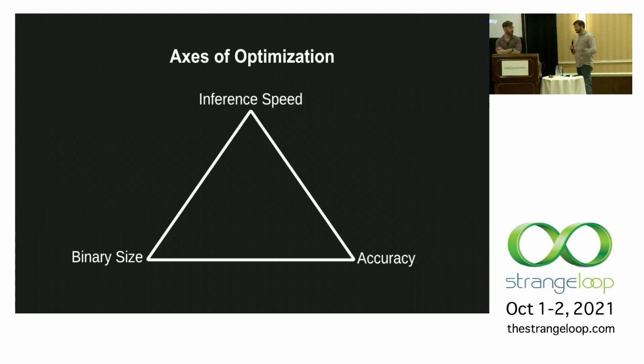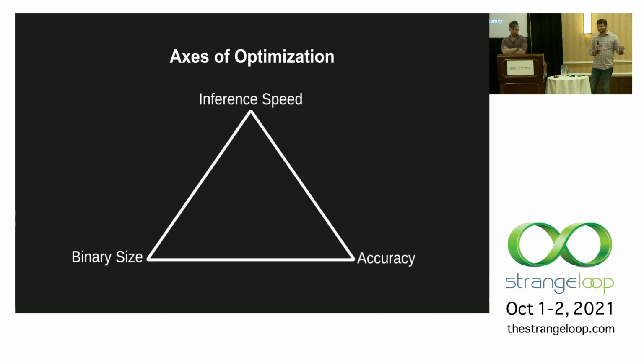So we've used these axes of optimization abstraction to think about what direction we need to take our optimization project next, right? Beginning with inference speed, this is typically the most important. If you're putting it on a phone, you're going from a high compute environment to a low compute environment. The model is usually going to be slower out of the gate. You're expecting that, and that's what you're trying to solve here.